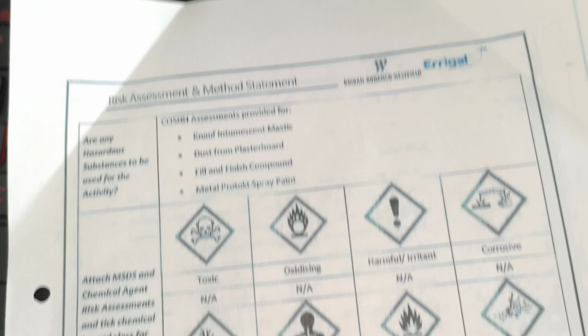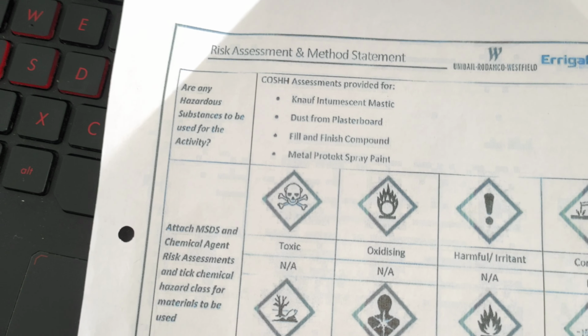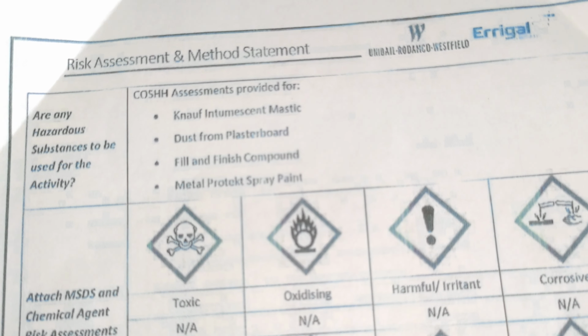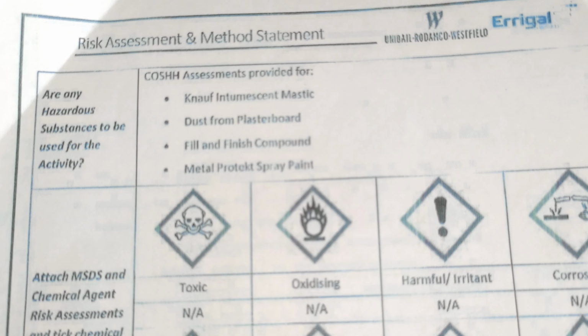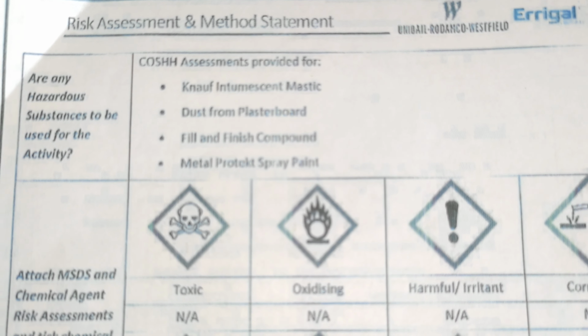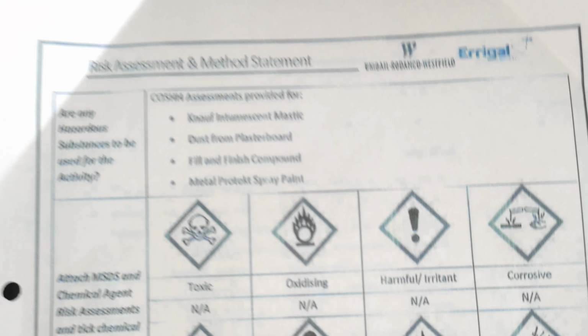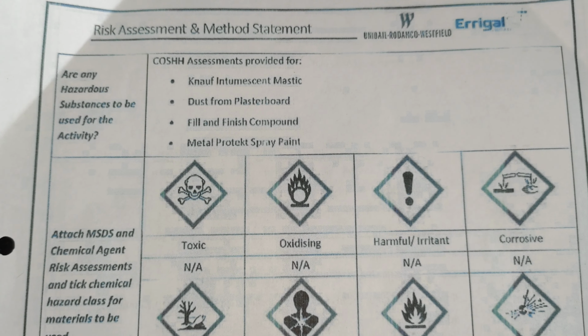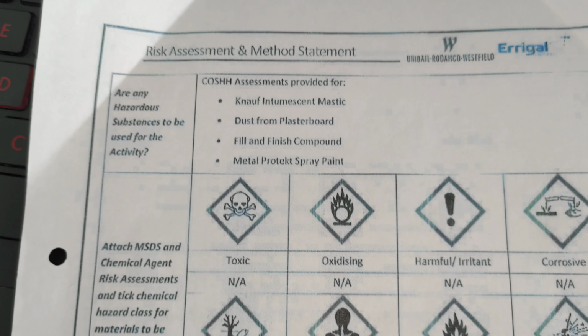Right, what we have for the hazardous substances, we have a compound fill and finish, with some joint. British Gypsum, we're using joint fillers, so this is also a hazardous substance. Metal spray paint.